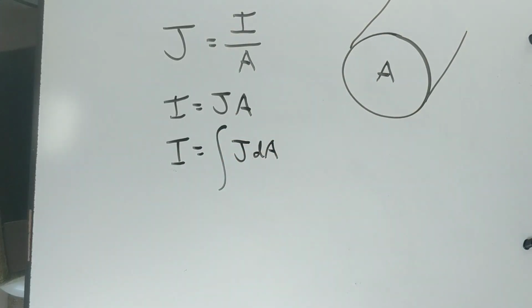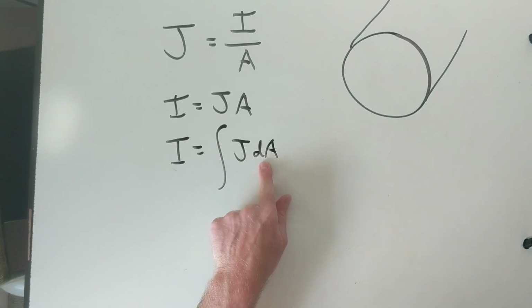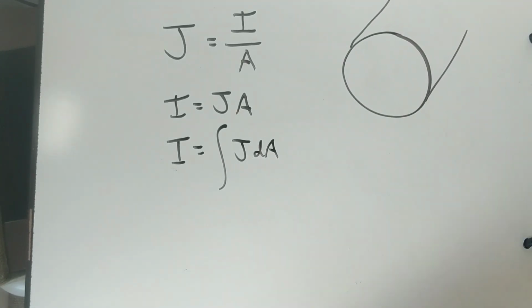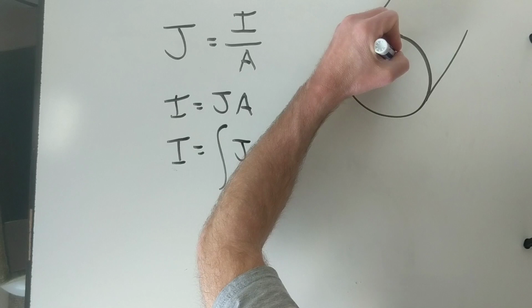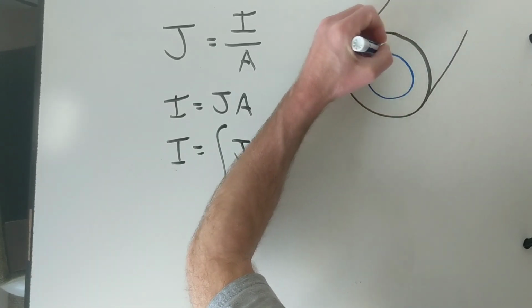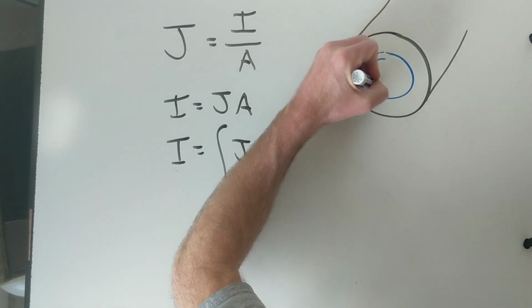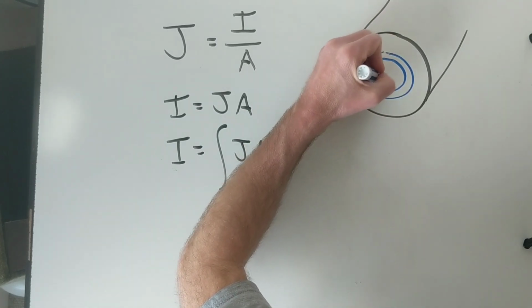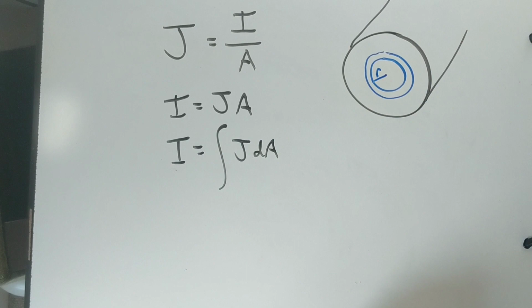dA. Now let's take, for example, a wire just like this, a normal cylindrical shape. If we want to find out what the area is of this, what we would do is cut a ring out of it, really like a cylindrical ring of radius little r, and you cut that out with your mental scissors.